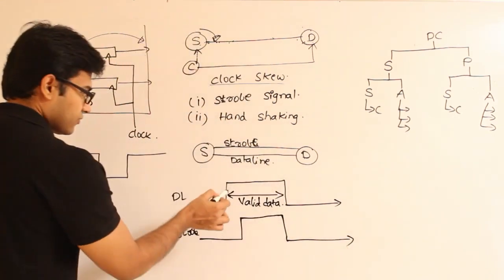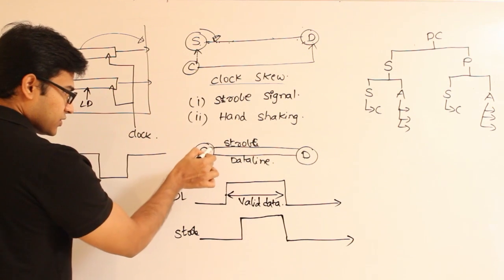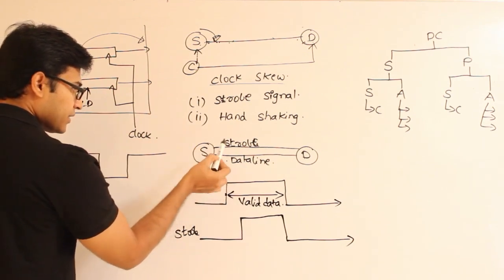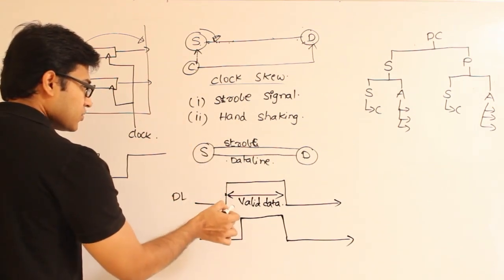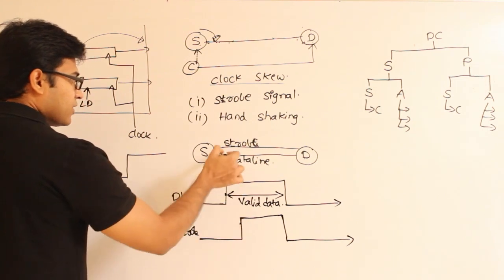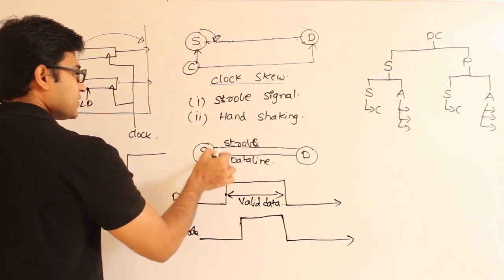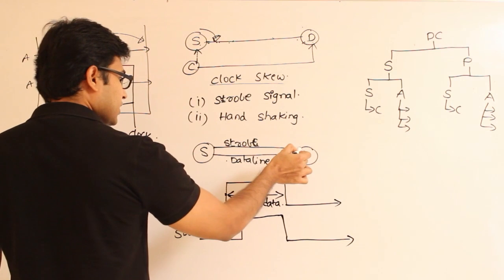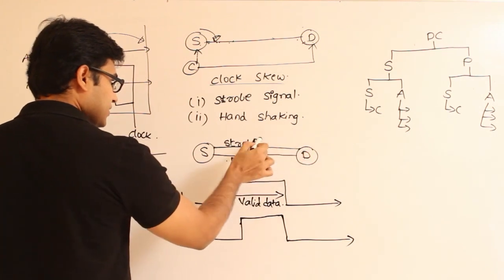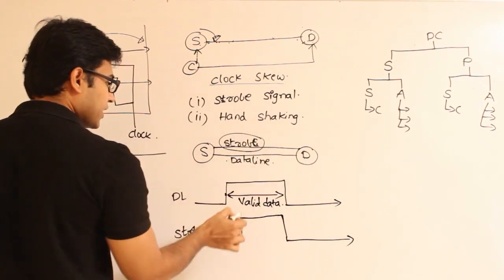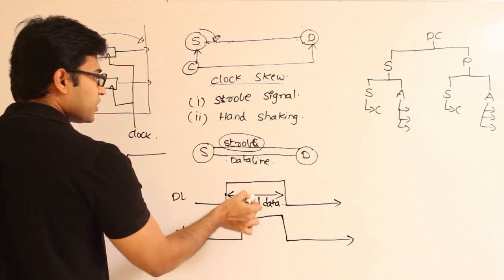See this, first the source puts some data on the data line, and after putting the data he says, see, I have put some data. Whenever the destination sees this strobe, it is supposed to read the data.